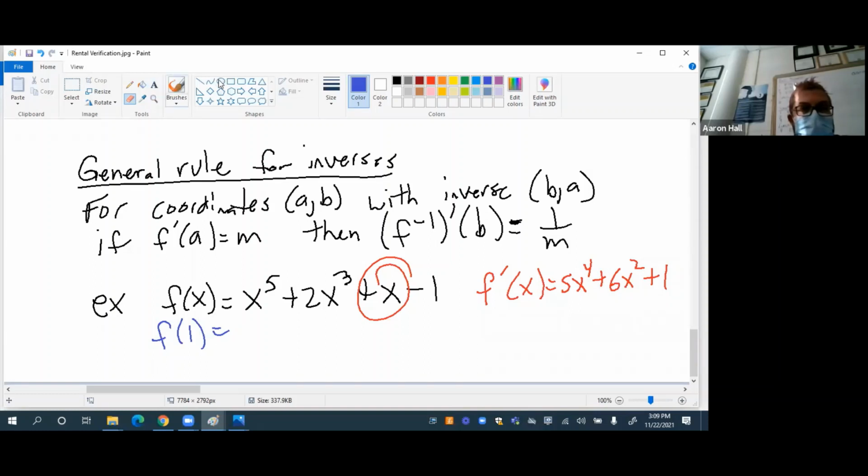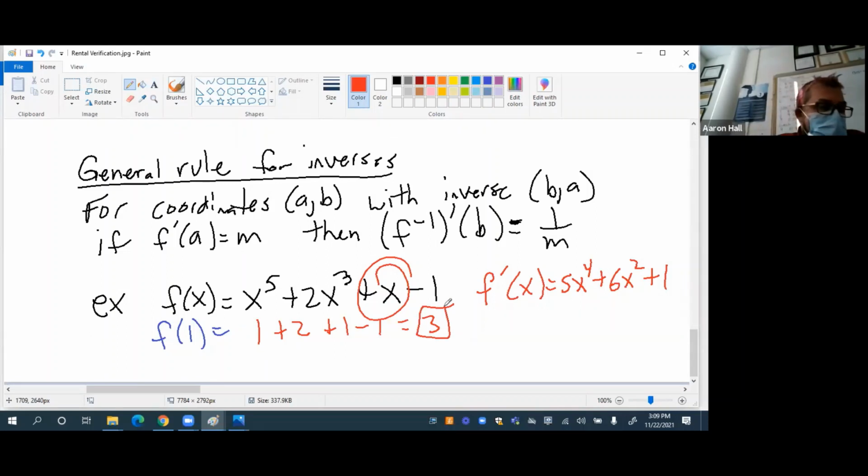And what do I get? If I plug in 1 here, yeah, it's 3. I get 1 plus 2 plus 1 minus 1 equals 3.